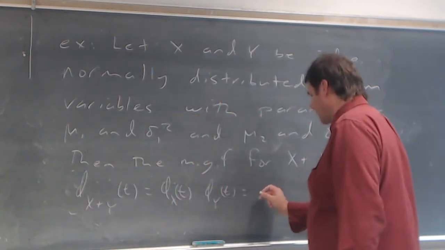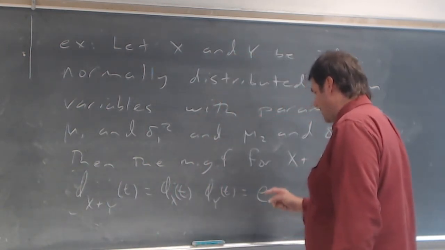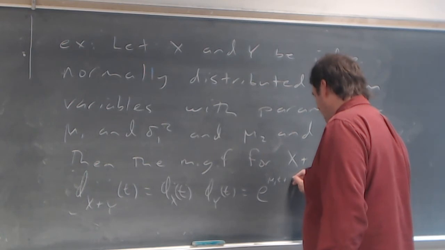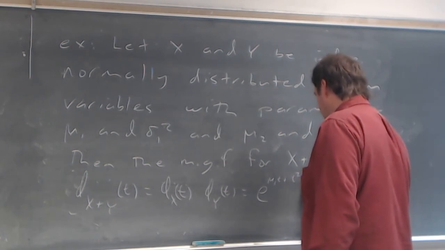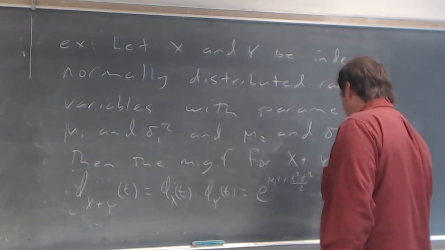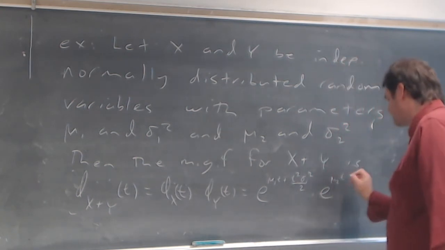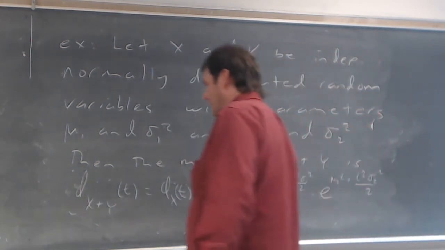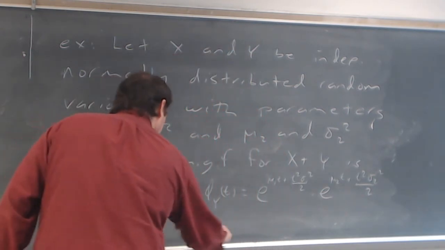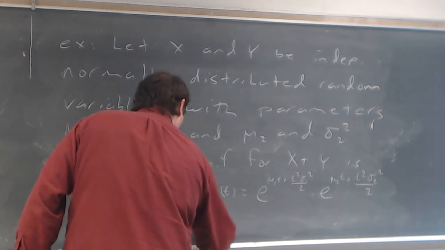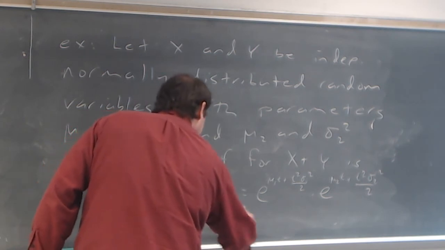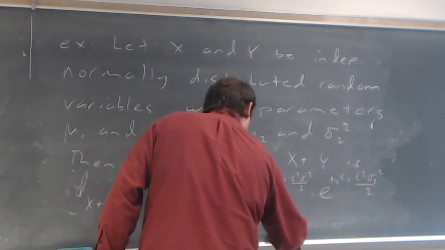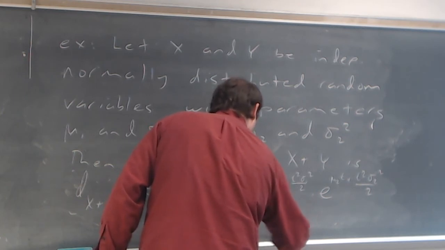And that's going to be equal to, if you remember, we just did this today, this lecture, e raised to the mu sub 1 t plus t squared times sigma sub 1 squared over 2, times e to the mu sub 2 t plus t squared times sigma sub 2 squared over 2, which we can rewrite as e to the mu 1 plus mu 2 times t plus sigma sub 1 squared plus sigma sub 2 squared times t squared over 2.